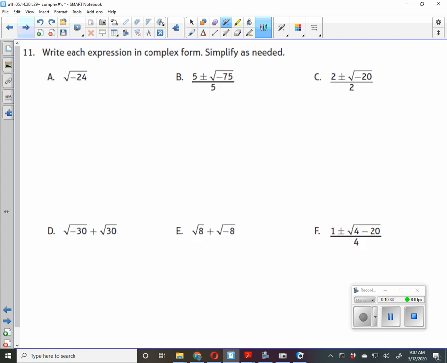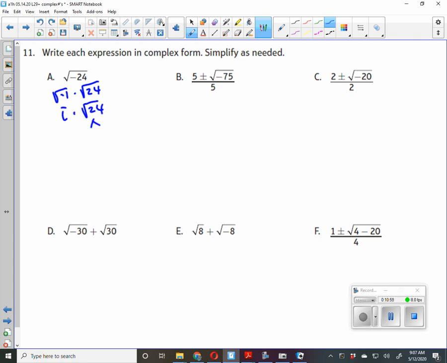All right, this is where we need to go. We need to start simplifying. Keep in mind, if there's a negative under the radical, always pull out the negative, right? That negative becomes negative 1 times the square root of 24, which is I times square root of 24.